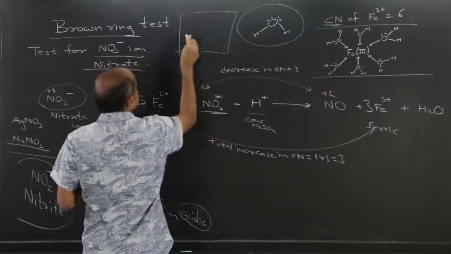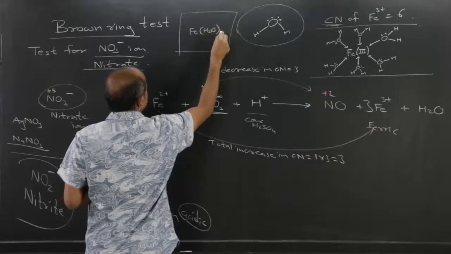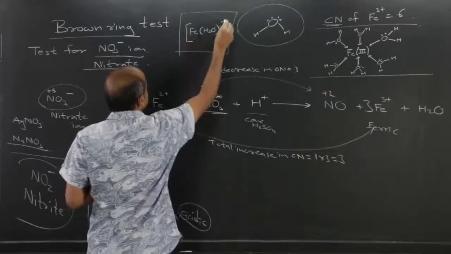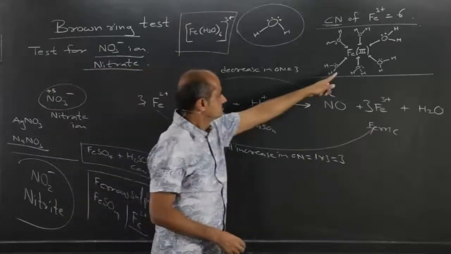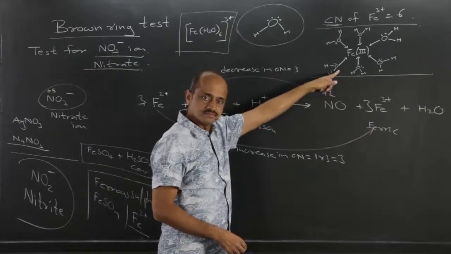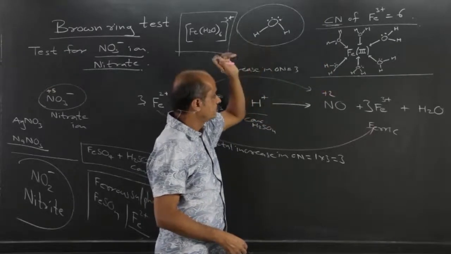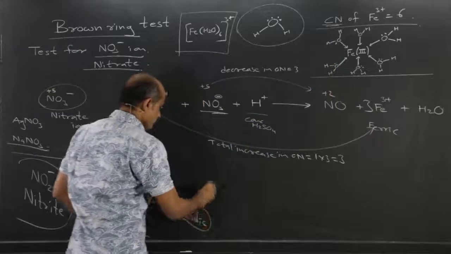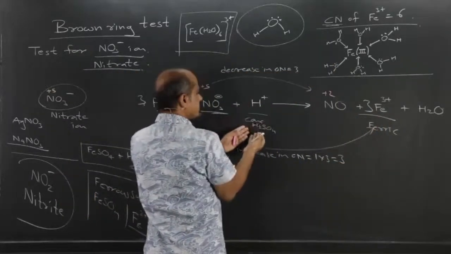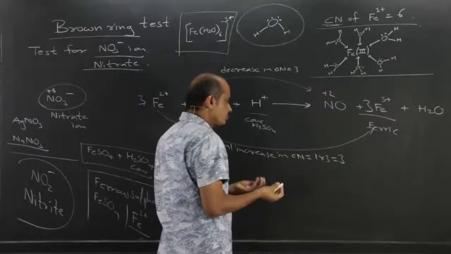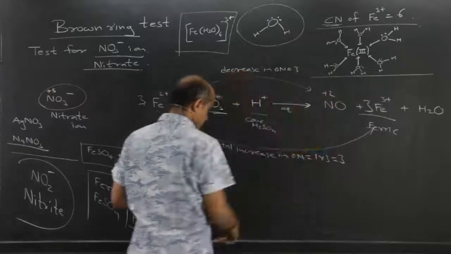I will show it here: Fe, this complex. In aqueous solution, the ferric ion Fe plus 3 has a tendency to be present in this form. Although I have written ferric, since concentrated H2SO4 is there, even though only a small amount of water is present, ferric will be present in this fashion.